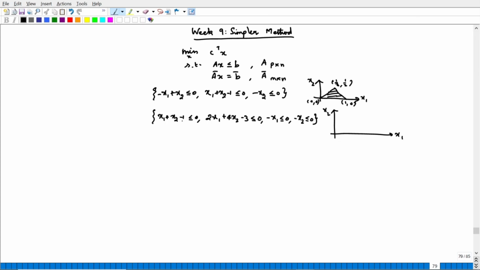For x1 plus x2 minus 1 less than or equal to 0, the x and y intercepts are 1, and all the points towards the left satisfy this constraint. Now for 2 x1 plus 4 x2 minus 3, the x2 intercept is 3 by 4 and the x1 intercept is 3 by 2.